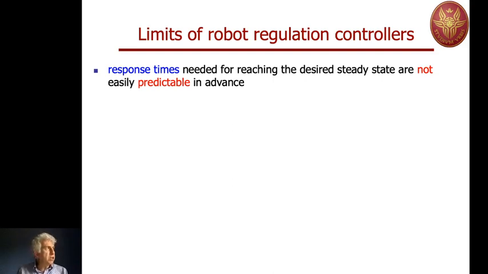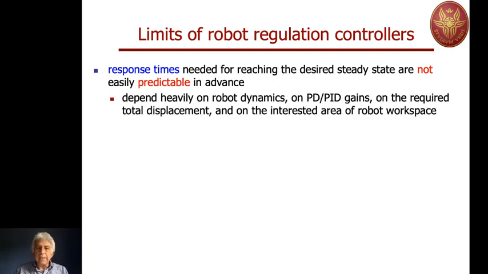When you change the task, even if the amount of motion is the same, but you change initial configuration, because of the large changes in inertia for the different configuration and of the action of gravity in general, which is configuration dependent, the response time of this nonlinear system may change quite a lot.